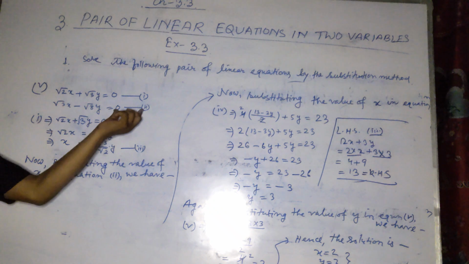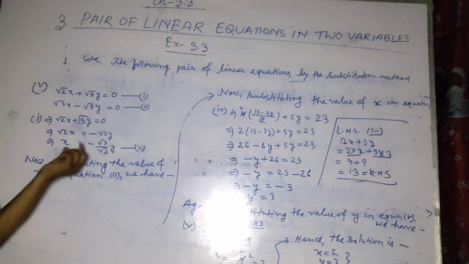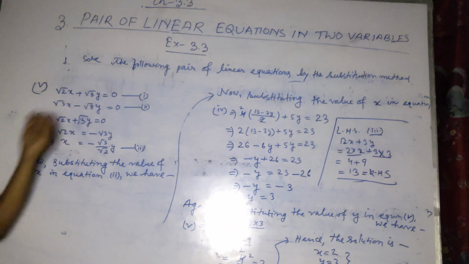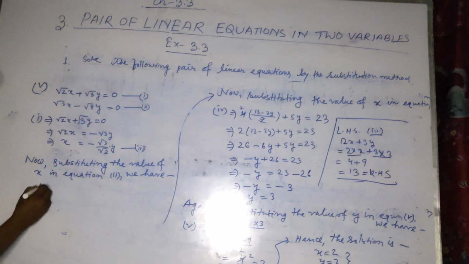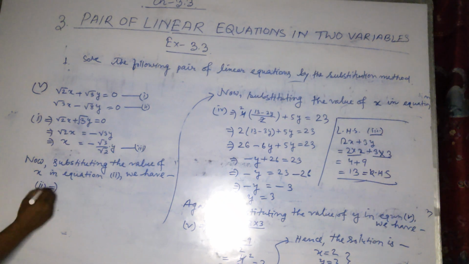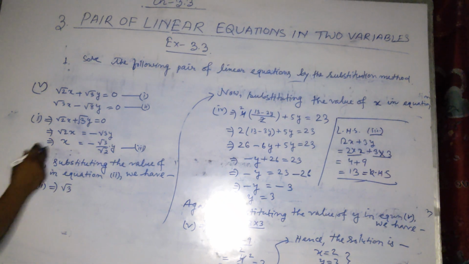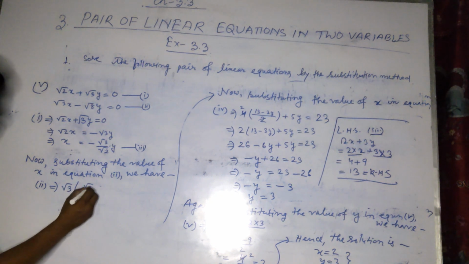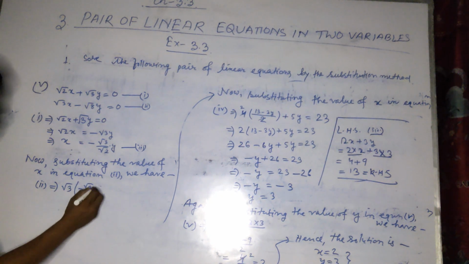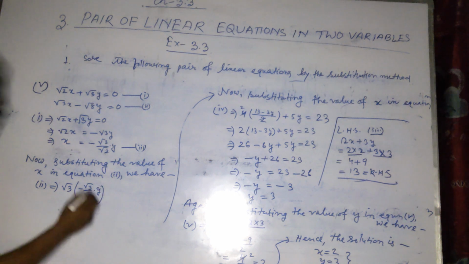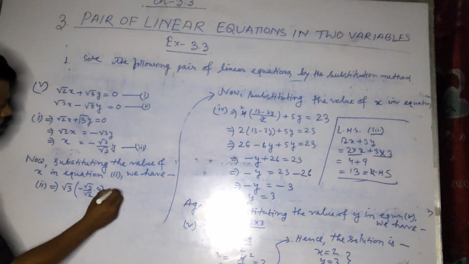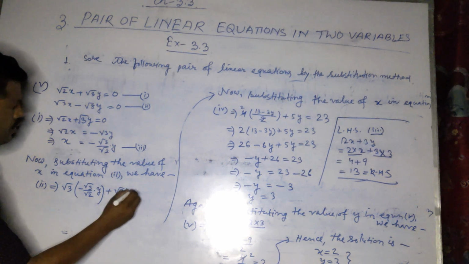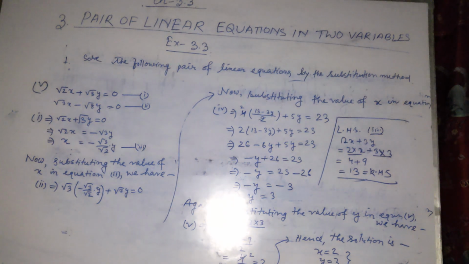So in this equation 2, we have to put the value of x now. So in number 2, we write root 3, and the x value is minus root 3 by root 2 into y, plus root 3y is equal to 0.